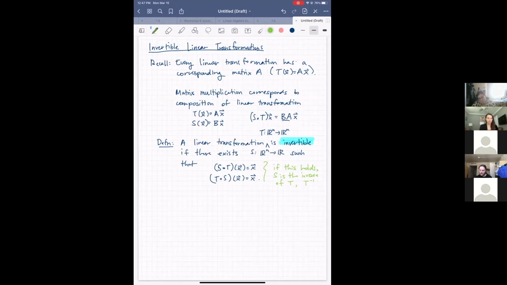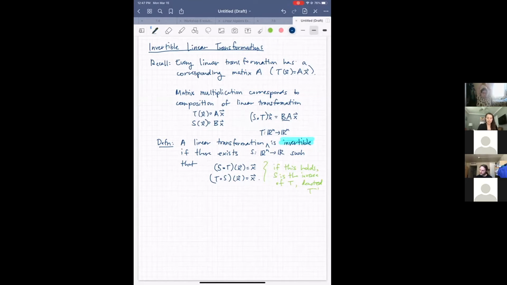That's how we denote inverses of functions. It's also how we denote inverses of matrices. So same notation there.